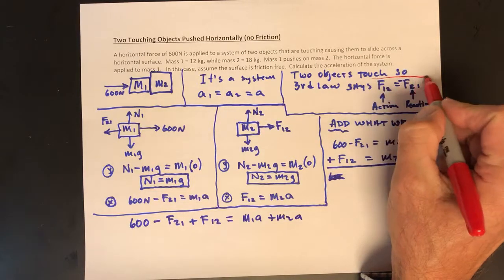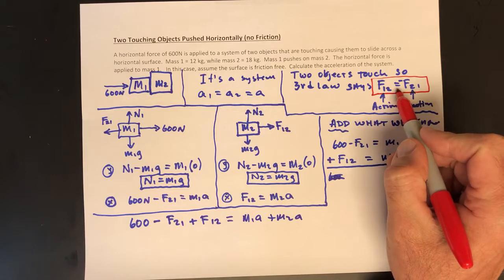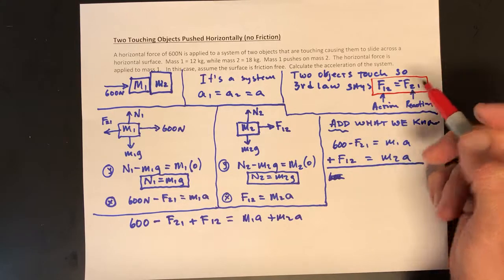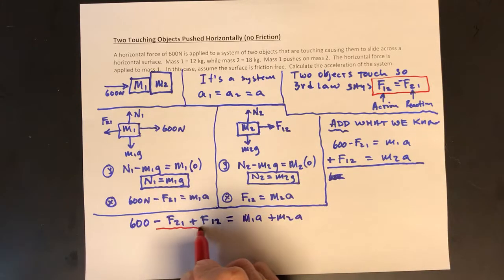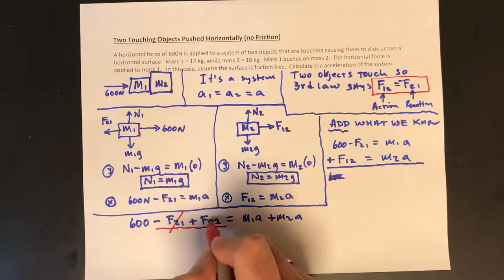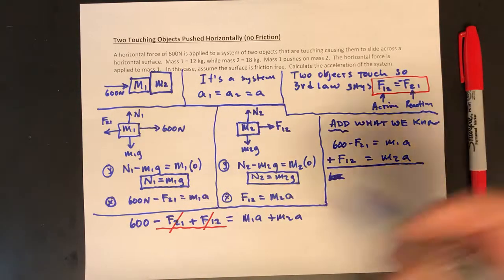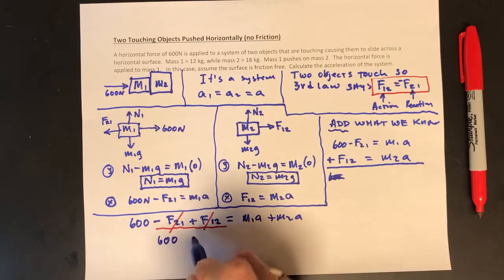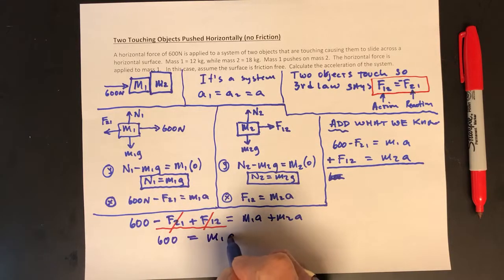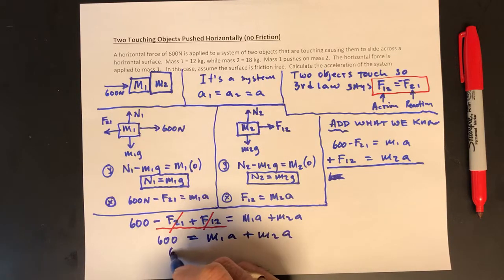We made this statement here that says F12 is equal to negative F21, which means that we can cancel these two. They're equal to one another. So we're left with 600 is equal to M1A plus M2A, and we can simplify that further.